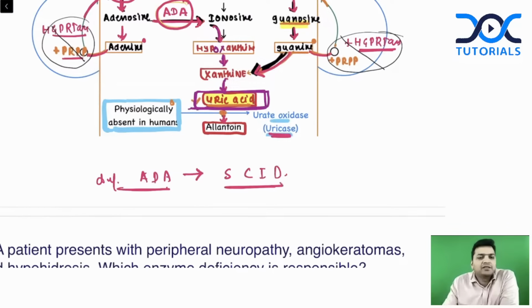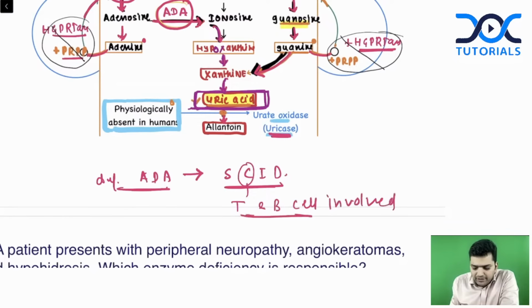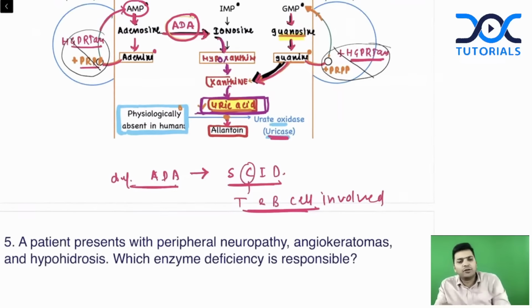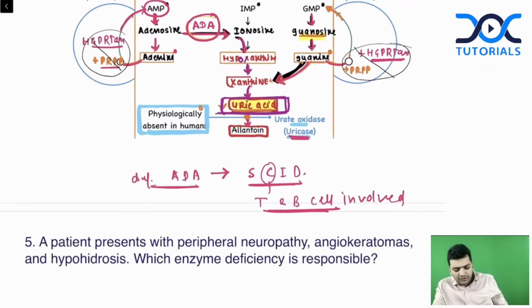Why is it called combined? Combined means basically the T cell and B cell both are involved. T and B both are involved, so it's called combined deficiency. Yes, rightly said, Danuj. Coming to the next question.